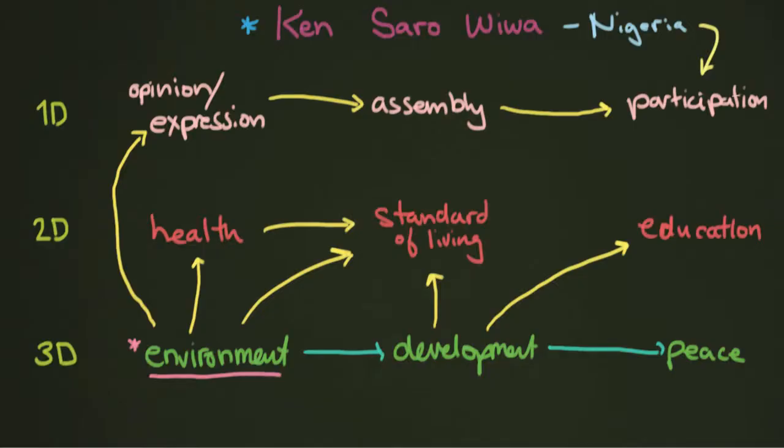Now, Ken's story comes to a really tragic end because Ken's movement was a nonviolent one. It was one based upon poetry and assembly and quiet protest, really, much in the spirit of the civil rights movement in the United States or in other movements across the world, in India and other places. And the Nigerian government was not having any of it.